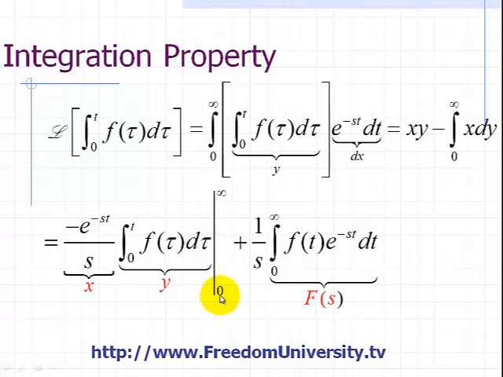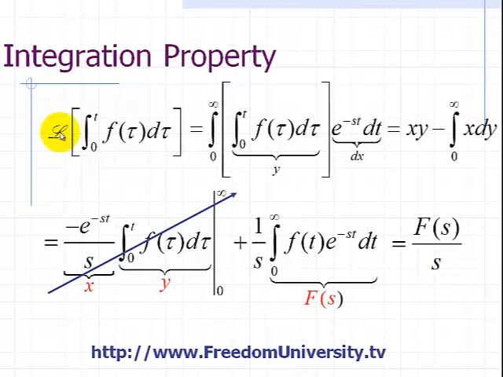And when we substitute the lower limit 0, this integral is 0. So this first term here is 0. And what we're left with in the second term is F of s divided by s. So the first term goes away, and what we're left with is F of s divided by s.